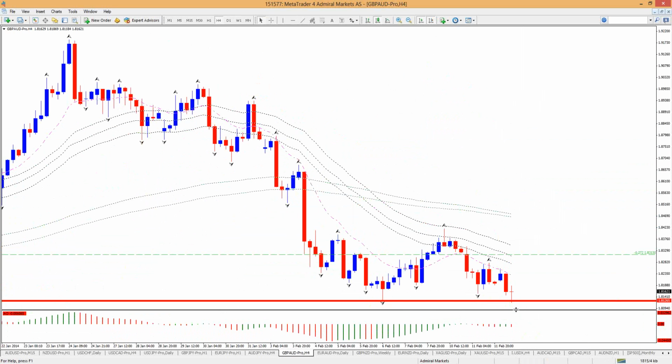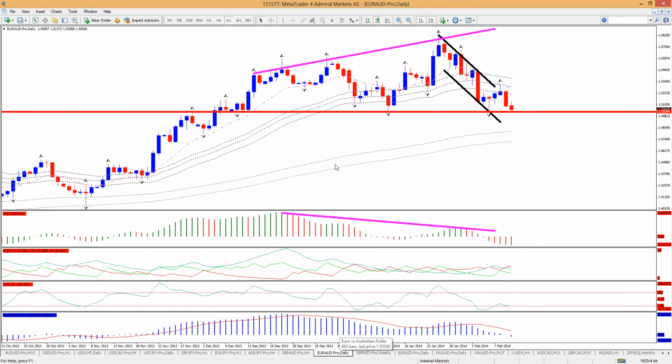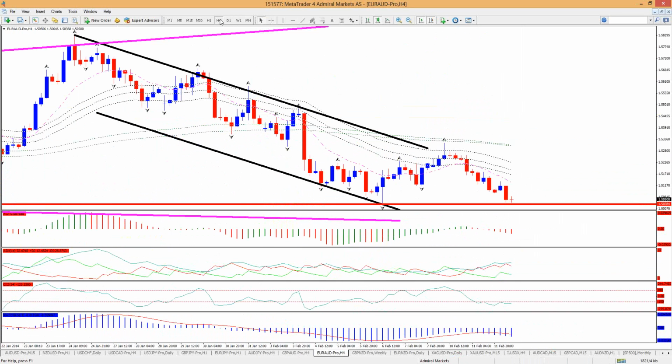If we break through it, then maybe make a range, then there could be reason for bears to look for more downside. Euro Aussie is also the same scenario.